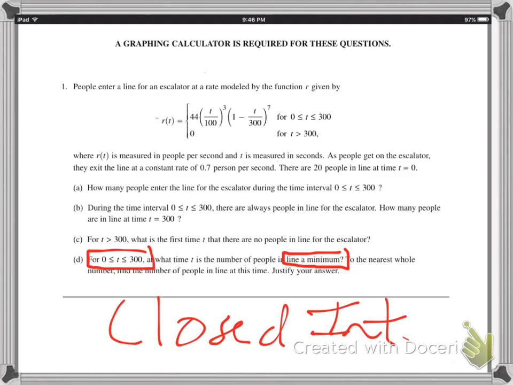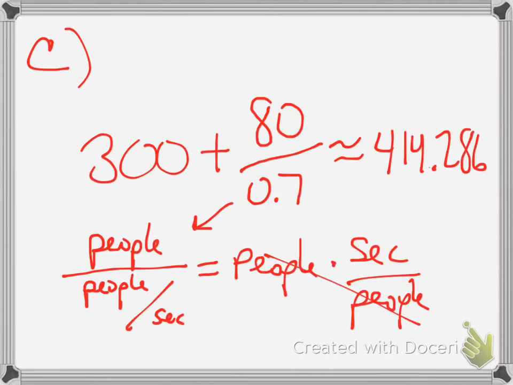So we need two things. We need the time. It says right here at what time, and then it says the number of people. So we need both the input and the output with a justification for your answer. Justify your answer. All right. So what are we going to do here? So I need to represent the total number of people in line. And so let's do that as a function because I want to take its derivative.